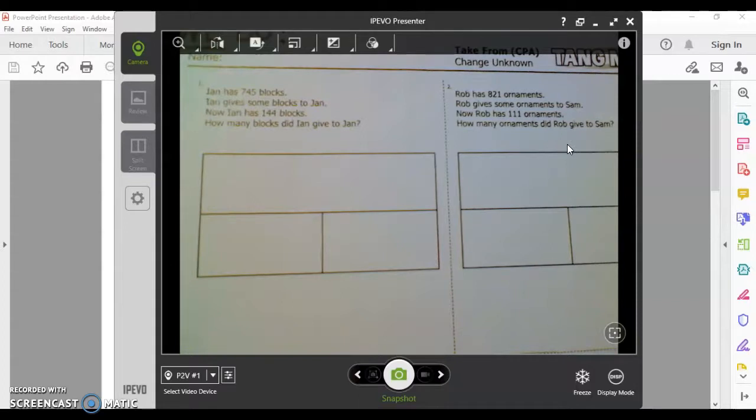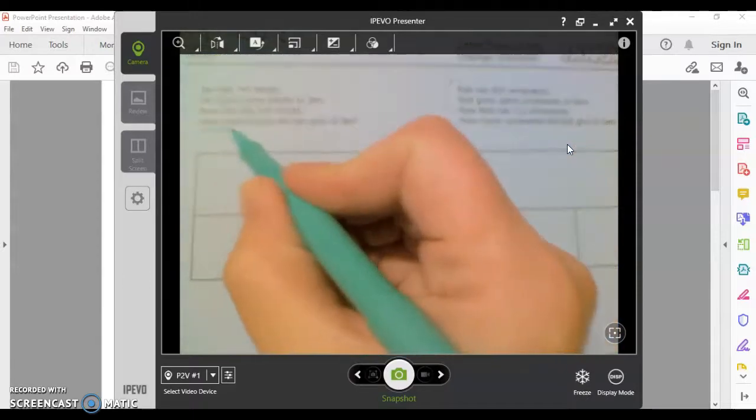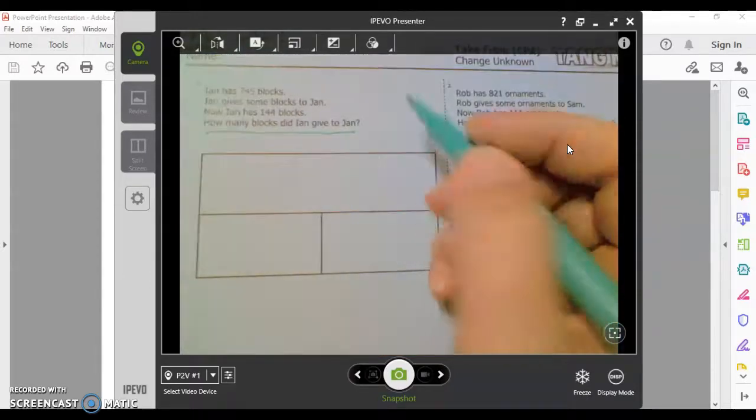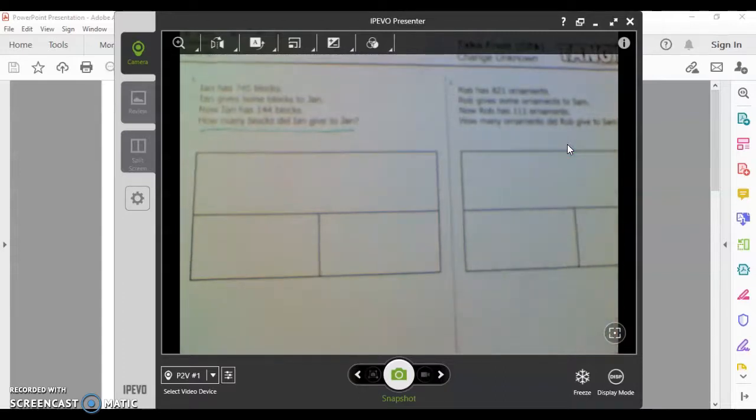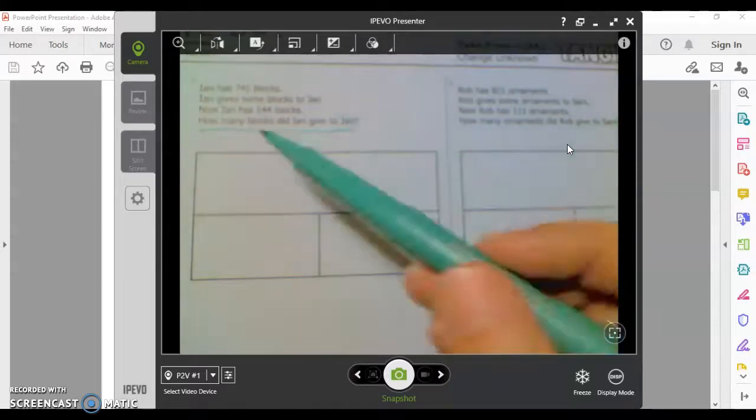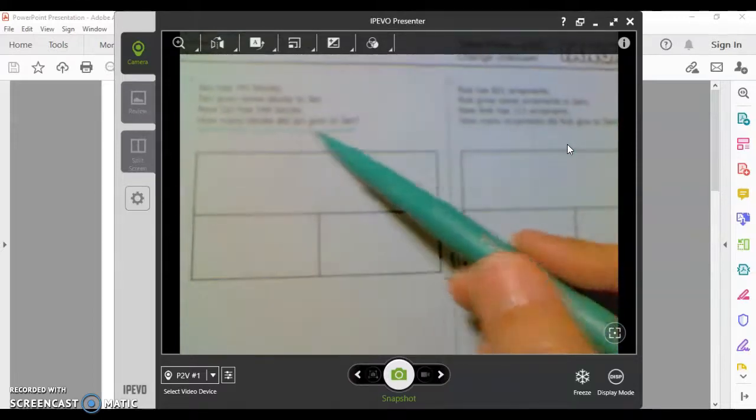So first I want to rewrite the question as a statement. I'm going to find my question. The problem is asking how many blocks did Ian give to Jan? Now I want to rewrite that as a statement. The statement would be Ian gave blank blocks to Jan.